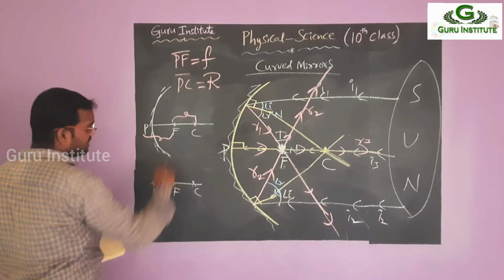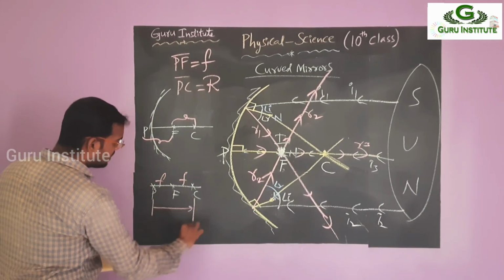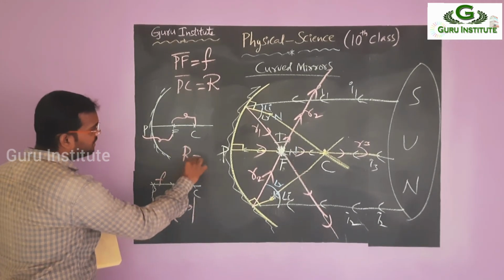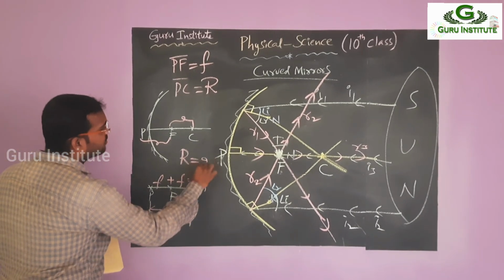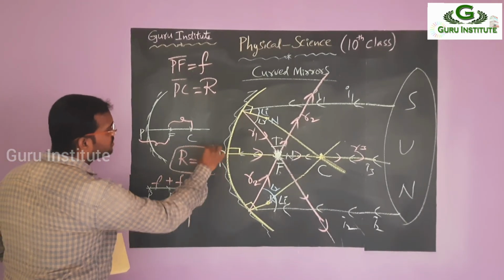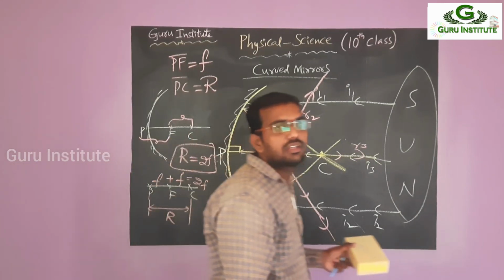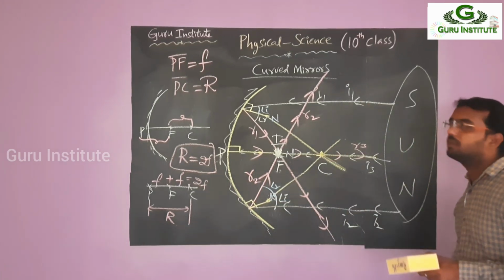If PF is f, then FC is also f. But the total length PC is R. So R is equal to f plus f, that is 2f. So we conclude that R is equal to 2f. That means the radius of curvature is 2 times the focal length of the concave mirror.